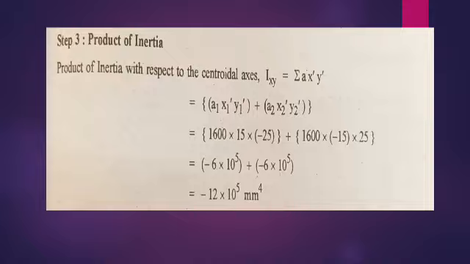We already obtained the values of x1 dash, y1 dash, x2 dash and y2 dash. Substituting the values here, you get the product of inertia Ixy is equal to minus 12 into 10 power 5 mm power 4.